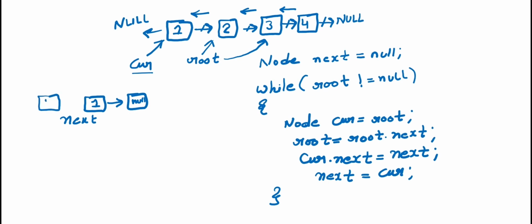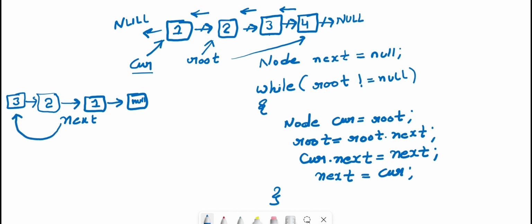So we will set 2 like this, and we will move next from here to here, and in the next turn root is this. So we will have current this 3, and we will move root from here to here, and we will set the next of this current to the next like this, and we will move this next from 2 to this 3.